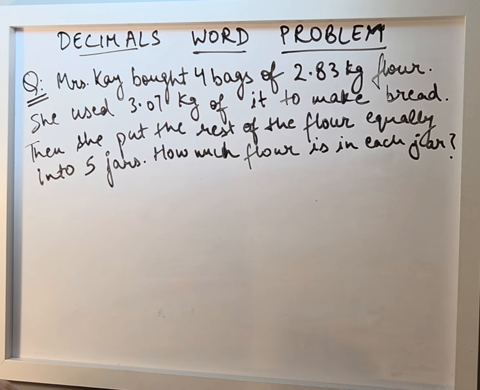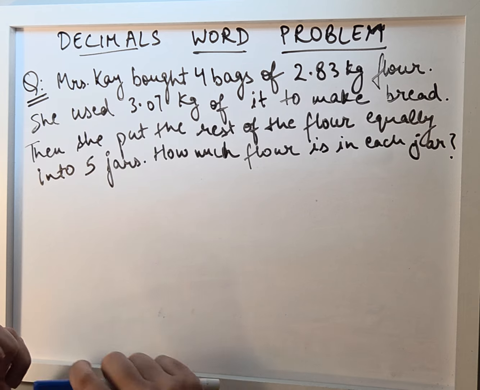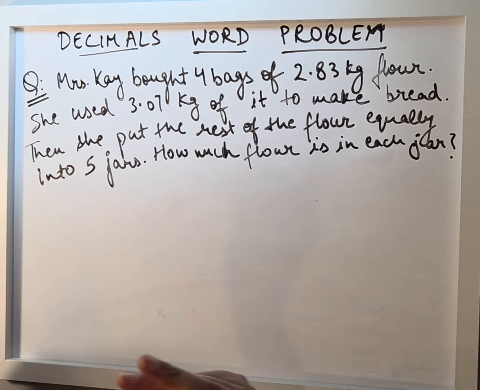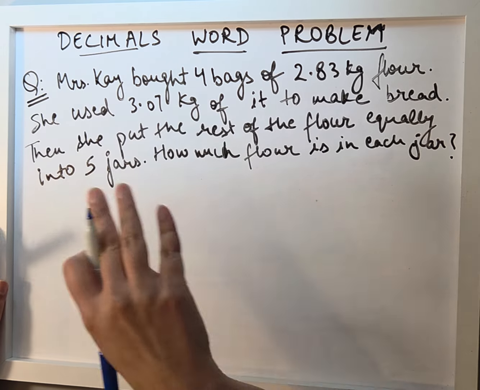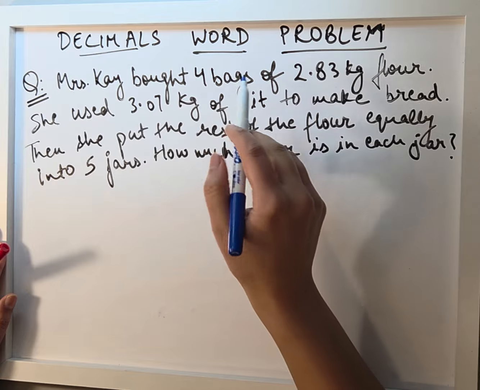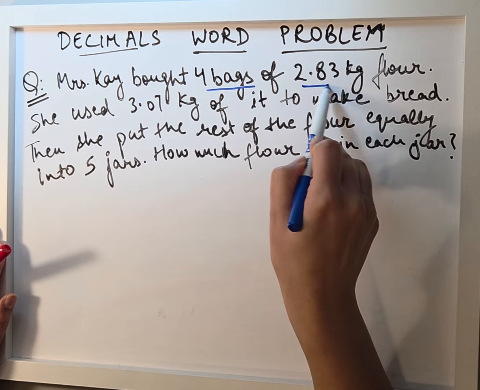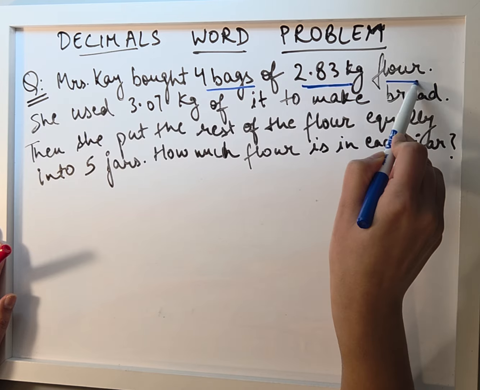Okay. So now it might look, oh my God, this is so much. How do we solve it? Might seem a lot, when you try to do it. But if we see one by one, it will be pretty simple. Okay. So let's see what is the information that is given to us. So Mrs. K bought 4 bags of 2.83 kg flour.